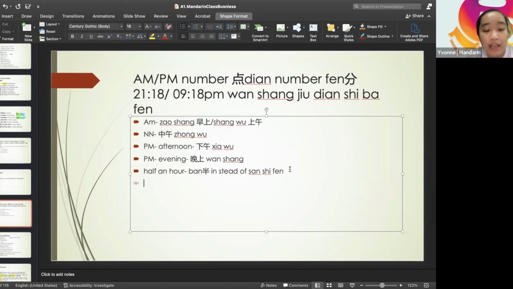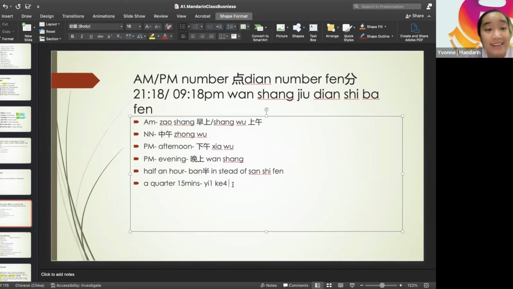So the first one, we have a quarter. A quarter, which is 15 minutes. So this would be 一刻. 一刻. 一刻 meaning a quarter.